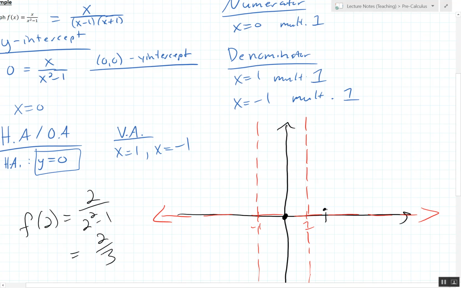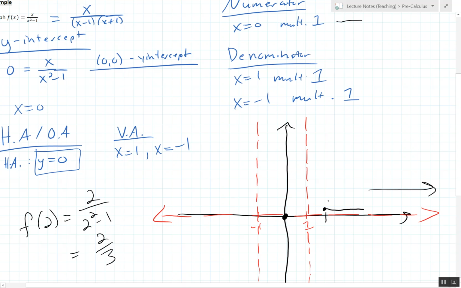Now this tells me a lot of information. One is that as we go in this direction, we are not going to cross the x-axis again, because if we were going to cross the x-axis again, we would have another 0. And since we only had one zero, which is x equals 0, we are never going to touch the x-axis again.